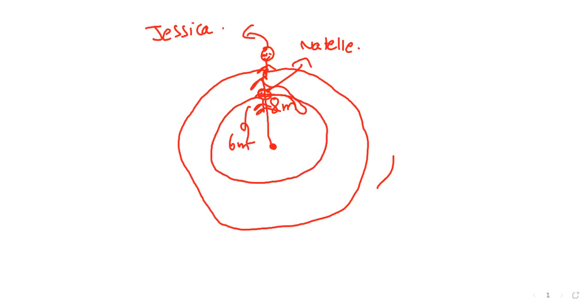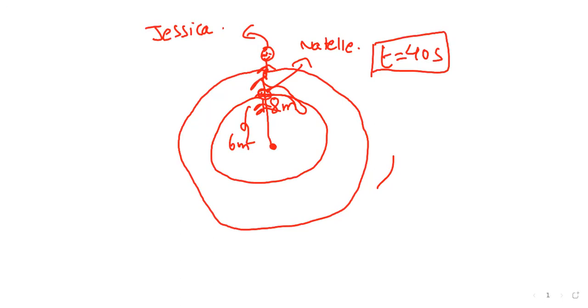Now the merry-go-round makes one full turn every 40 seconds. Either it is Natalie or her sister, they are taking 40 seconds to complete a single round.